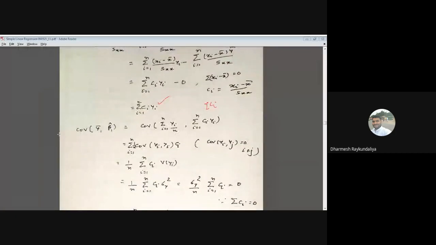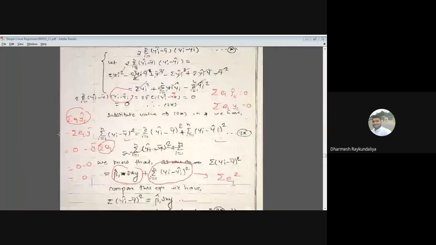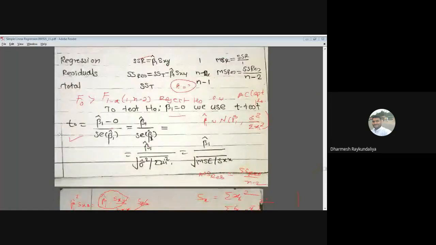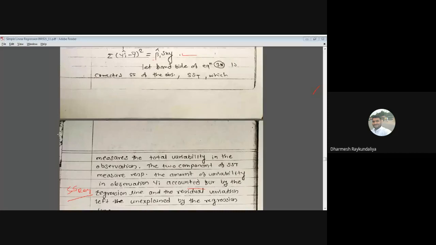Okay, once all these estimates and their variances and covariance we have obtained, our next task is that we wish to perform the testing of hypothesis. So in testing of hypothesis, this is our model. Suppose beta 0 and beta 1 are 0.